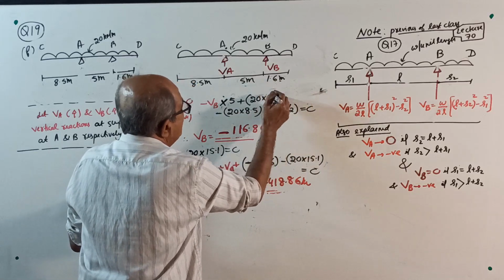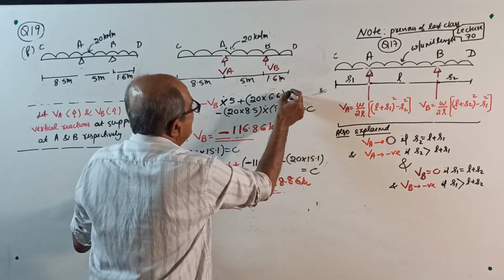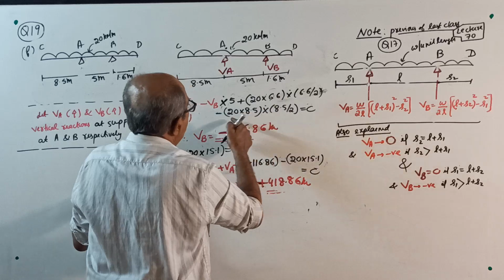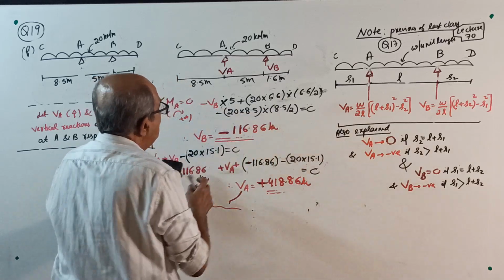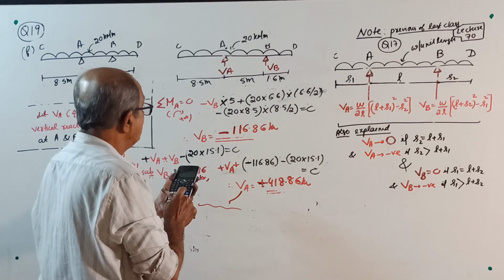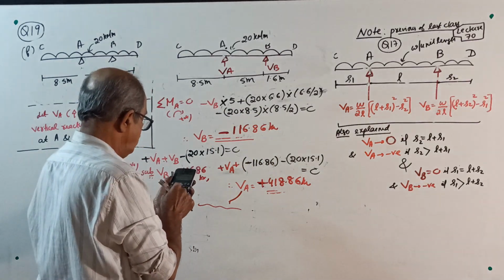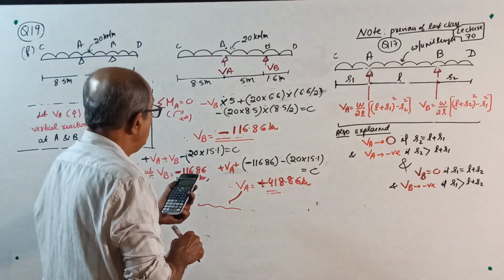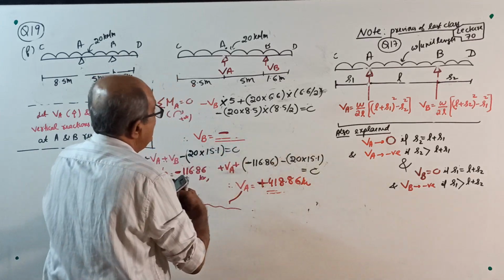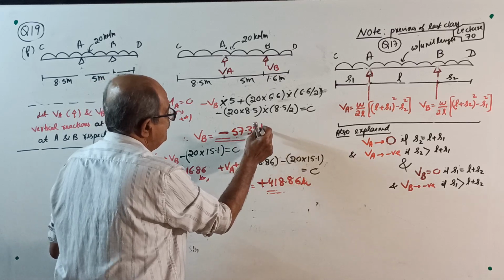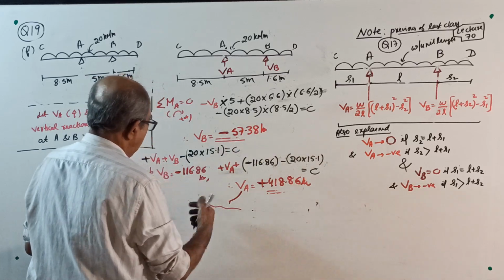It's correct, 6.6 into 6.6 is correct, by 2 minus 20 into 8.5, everything is correct. 20 into 6.6 square divided by 2 minus 20 into 8.5 square divided by 2 divided by 5, this is coming minus 57.38 kilonewton. Oh, see, wrong. Okay, no problem.